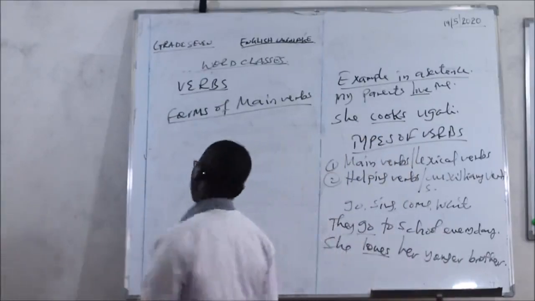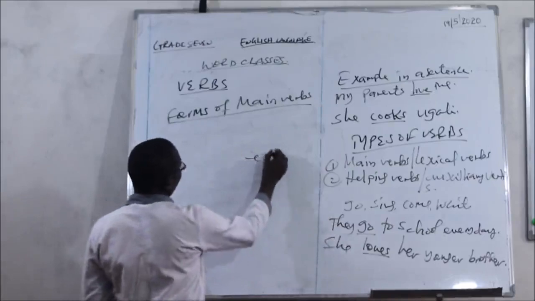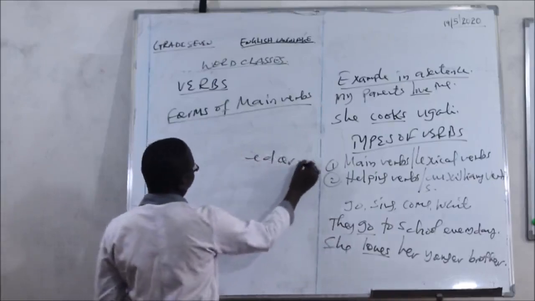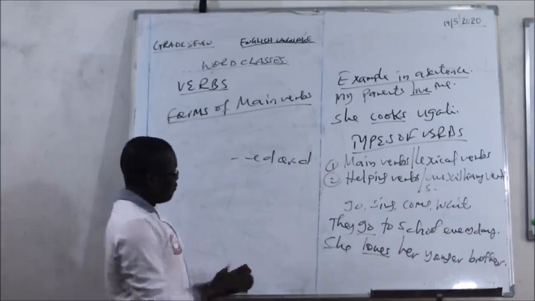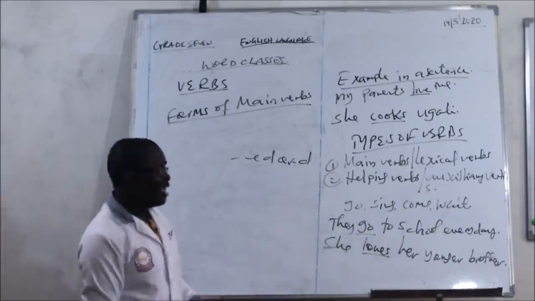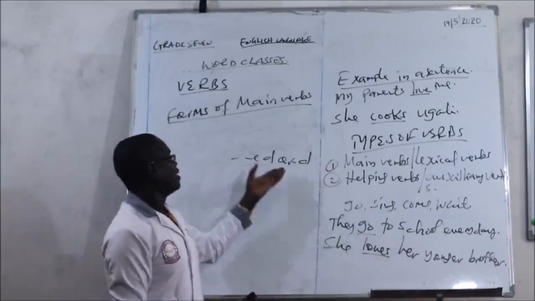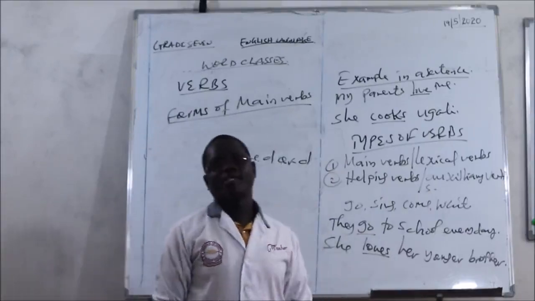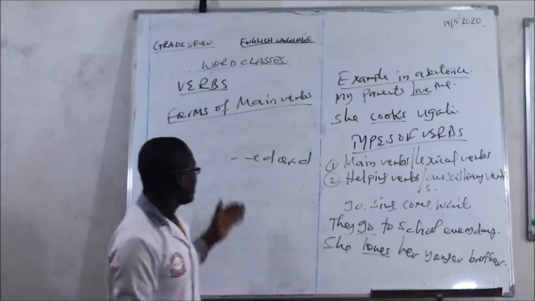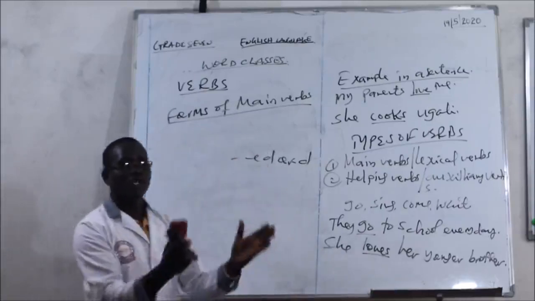This is ED or D. When we add this to a verb, it changes the verb to appear in a past tense. Therefore, we are calling them universal past tense marker.